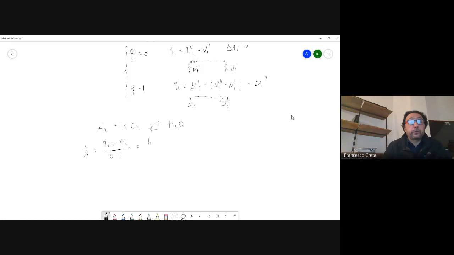Again, for oxygen, delta NO2, divided by 0 minus a half. And for the product, it would be the change of moles with respect to the initial composition divided by 1 minus whatever the stoichiometric coefficient of water is here, which is 0.